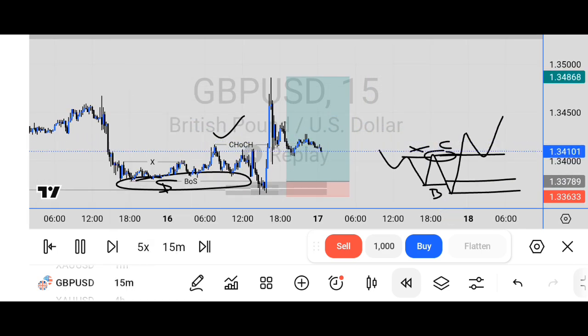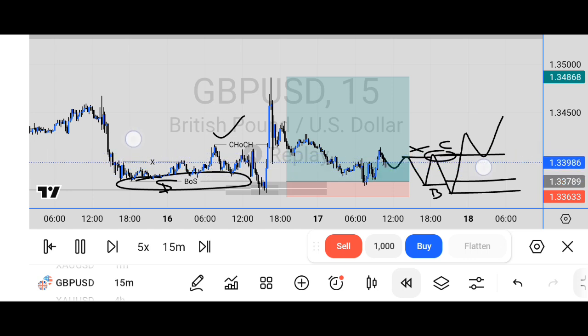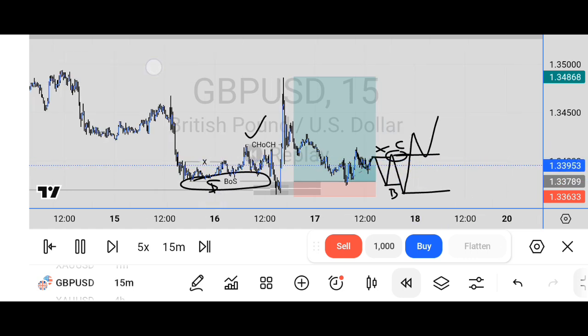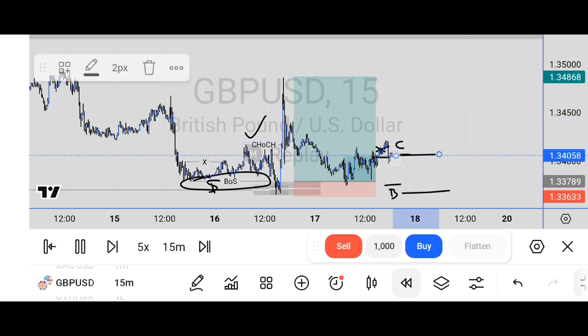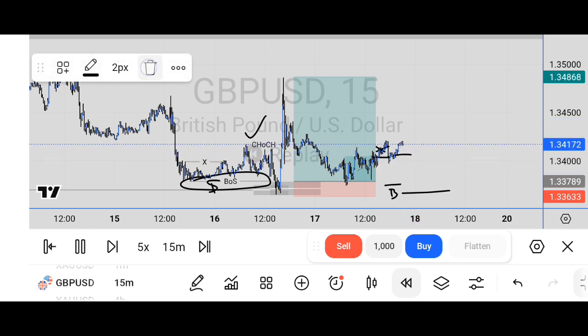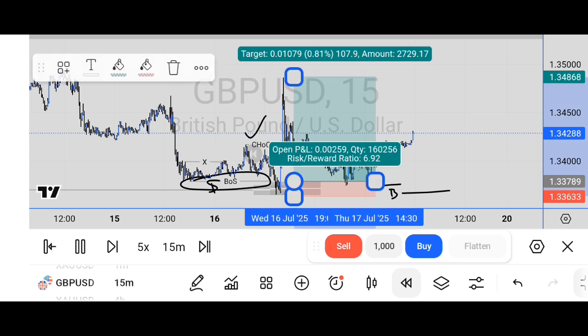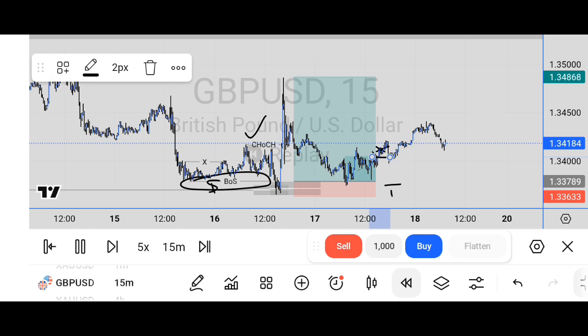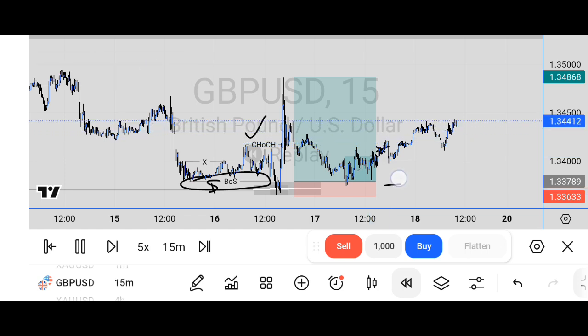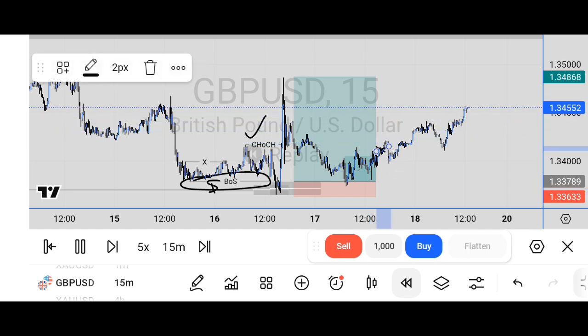Let me play it a bit faster. As you can see, price tapped us in and swiftly moved up. But don't forget that we are on the 4 hours. We already have an internal CHoCH.